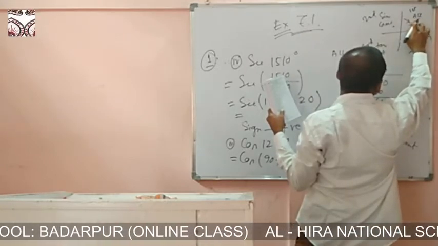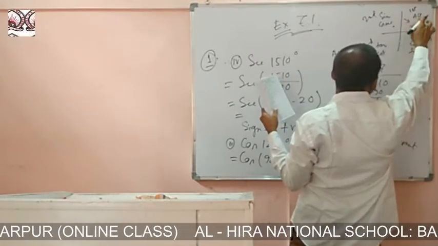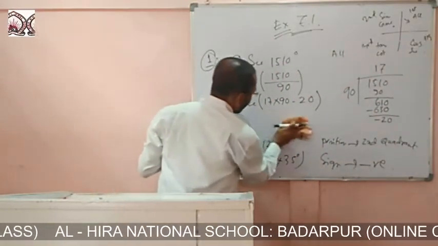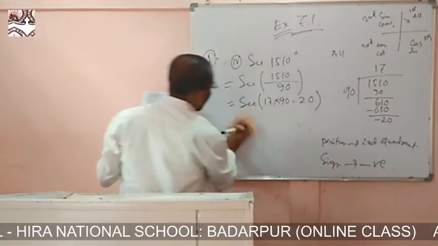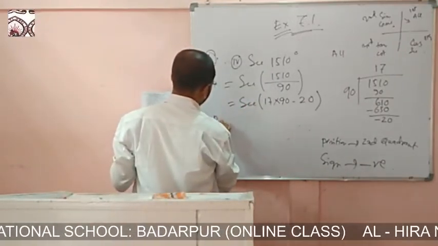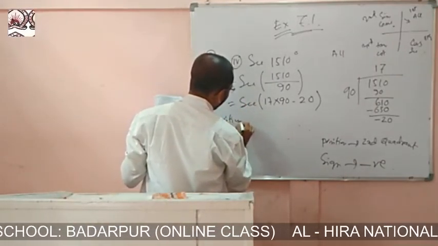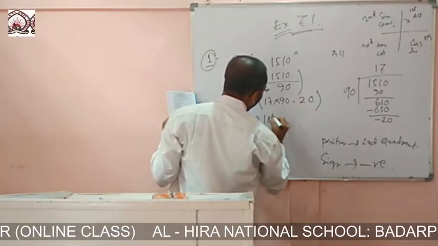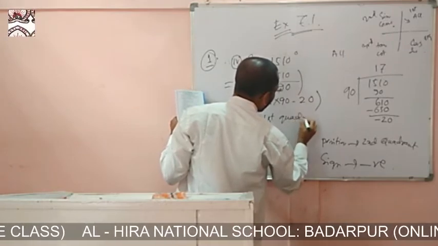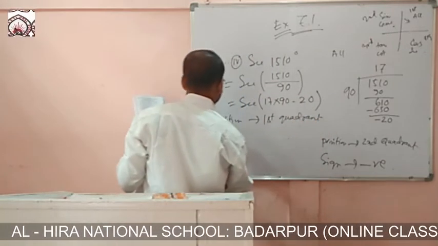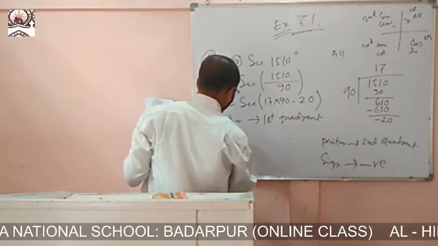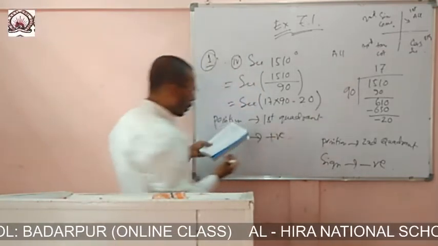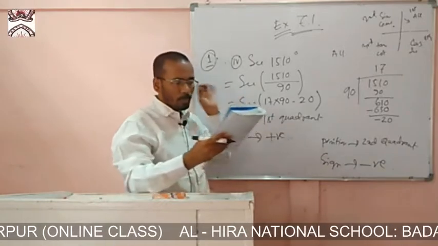So this will be in the first quadrant, and in the first quadrant all are positive. So the position is the first quadrant, and the sign will be positive, because in the first quadrant all are positive.